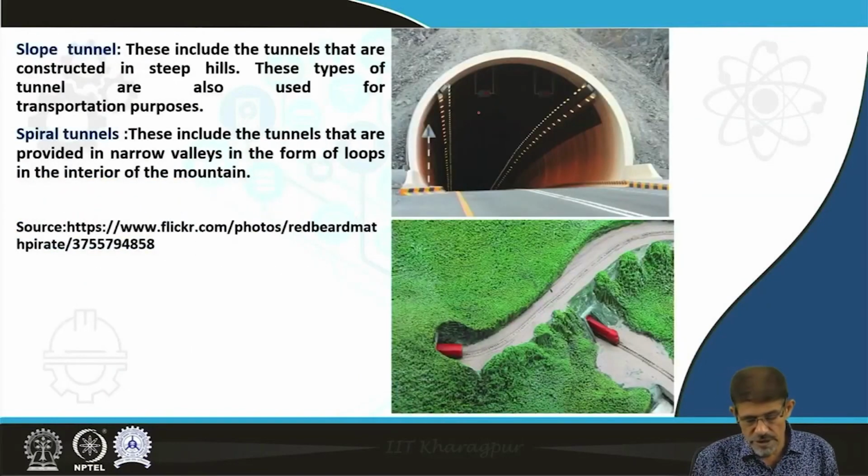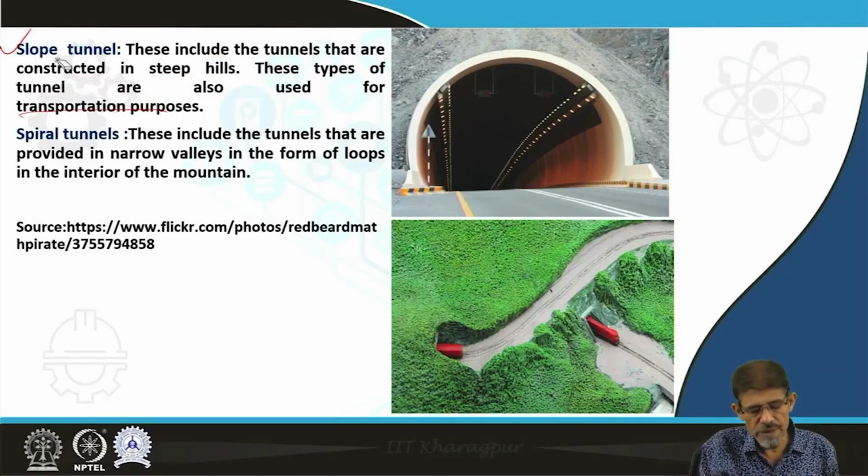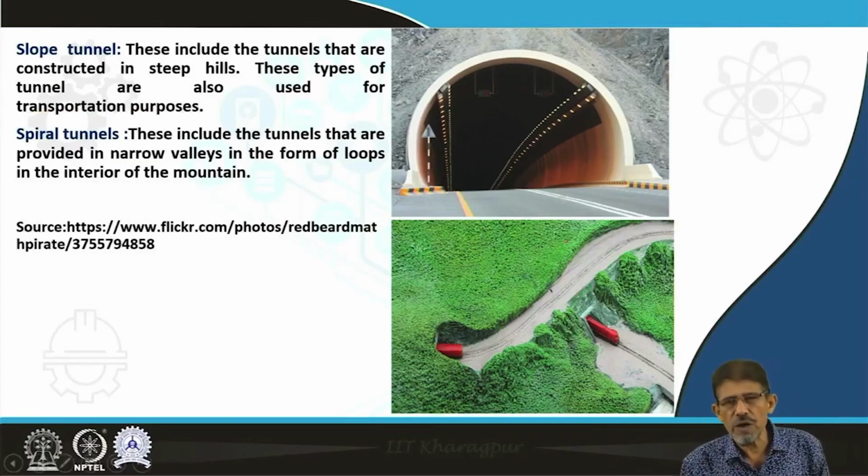You can see here the next type of tunnel, slope tunnel, and these include the tunnels that are constructed in steep hills, and these types of tunnels are also used for transportation purposes or the movement of traffic. Then as the name indicates, spiral tunnels, you can see this spiral tunnel is utilized to cover the mountainous area at different levels.